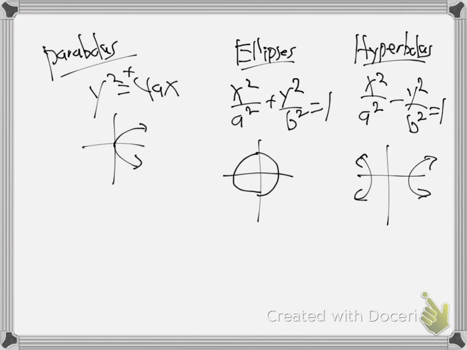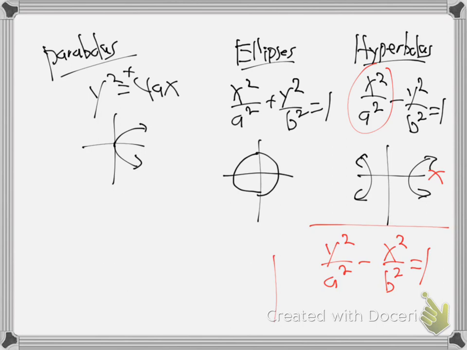Now, there's 2 ways hyperbolas can go, though. If x is in the front, then the branches are on the x-axis. If y is in the front, then the branches are on the y-axis. They're turned away up and down instead of right and left. Does that make sense? Y in the front, up, down. X in the front, right, left. For the hyperbola branches, it's whichever letter's in the front.